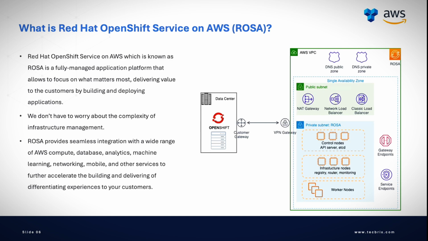Next is scalability and high availability, which is also very much possible. We can leverage AWS auto scaling to automatically adjust the number of OpenShift nodes based on the workloads on demand. We can also automate the whole process, let's suppose via CloudFormation or via Terraform. So automation is also possible.